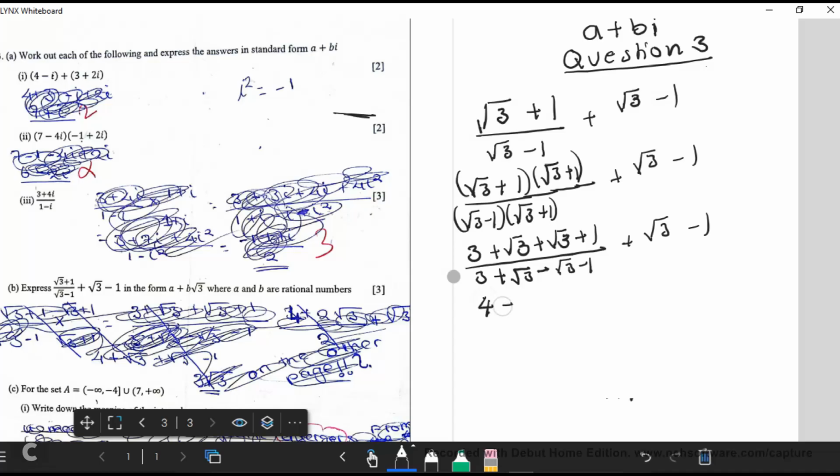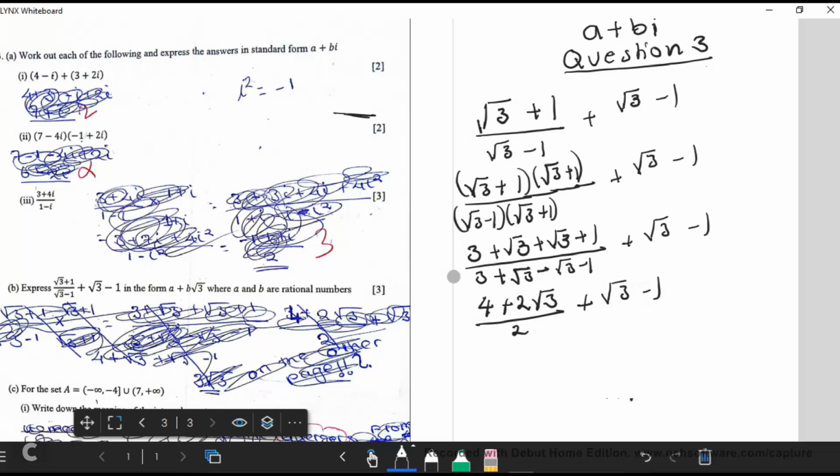So from there now, 3 plus 1 will give us 4, plus root 3 plus root 3, it will give us 2 root 3, over 3 minus 1, which will give us 2.